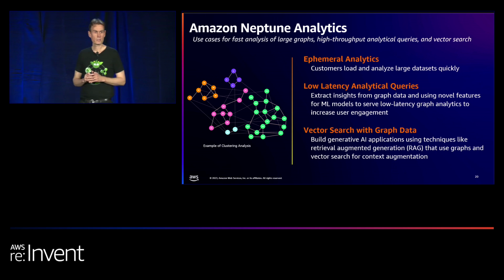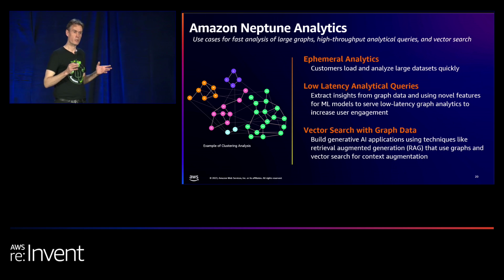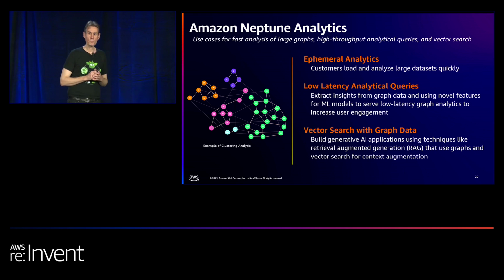The second is where you have potentially large graphs, graphs of up to 50 billion edges, where you want to run low latency queries that are parameterized by graph algorithms. And then the third use case is where you want to augment your graph with vector search.